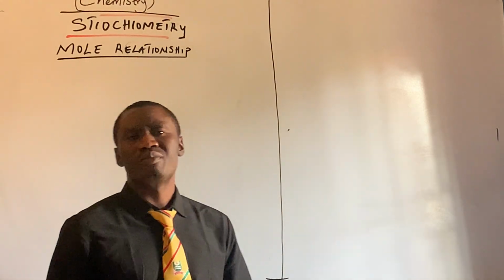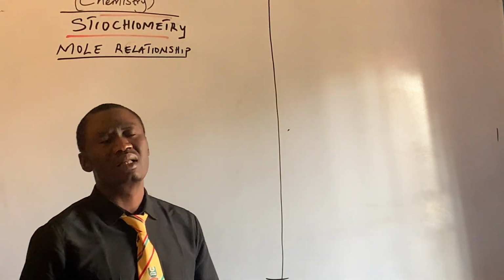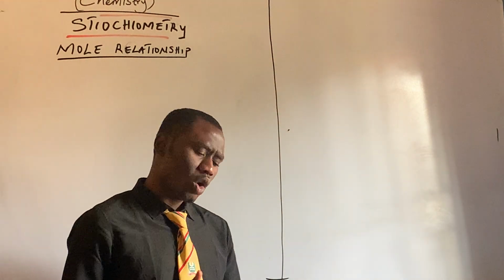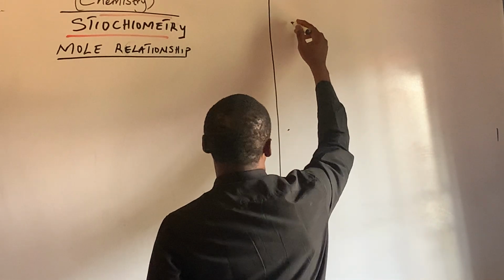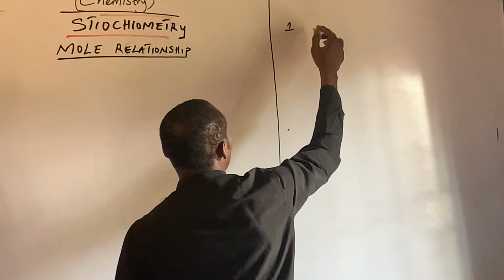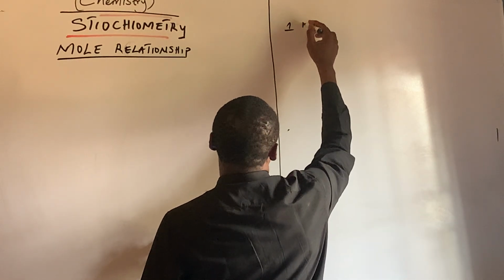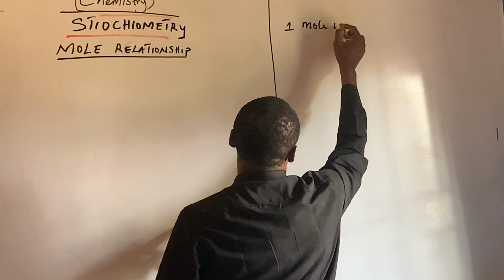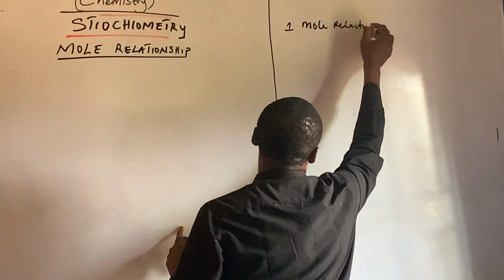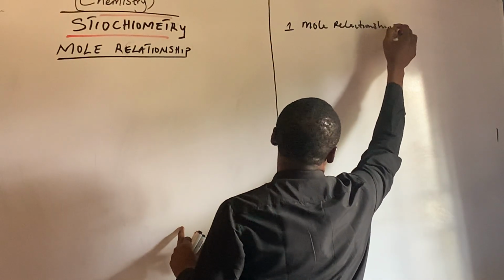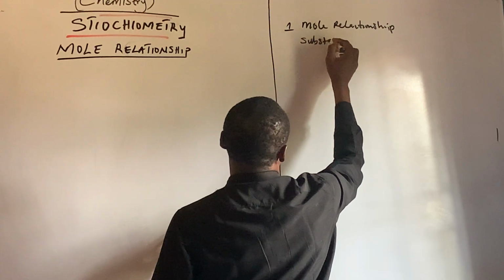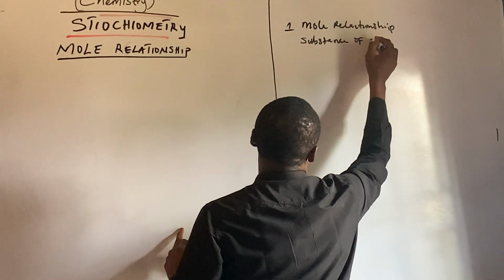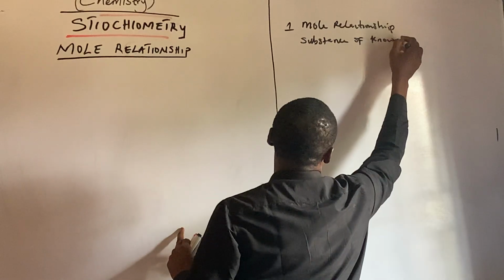In this stoichiometry class, we want to consider the mole relationship. Number one, we want to consider mole relationship with substance of known masses.